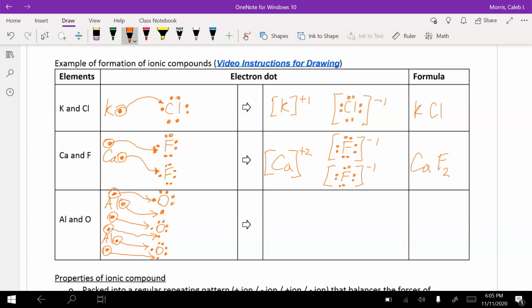You end up with 2 aluminums and 3 oxygens. Now each aluminum lost 3 electrons, so each aluminum is going to have a positive 3 charge.